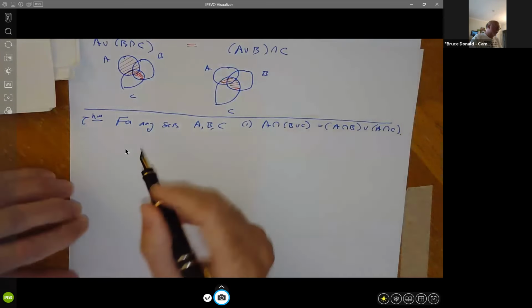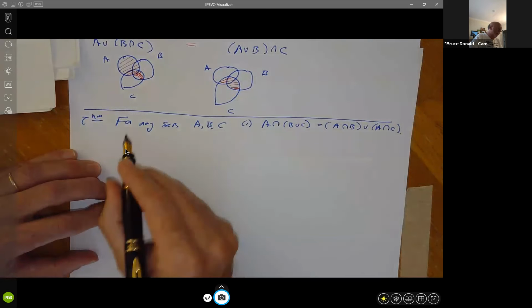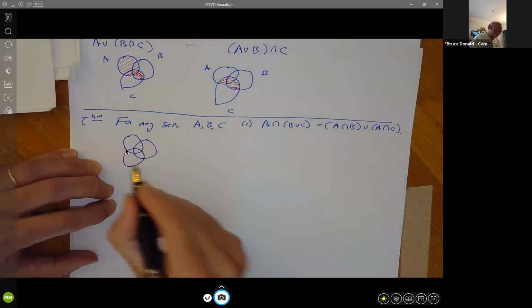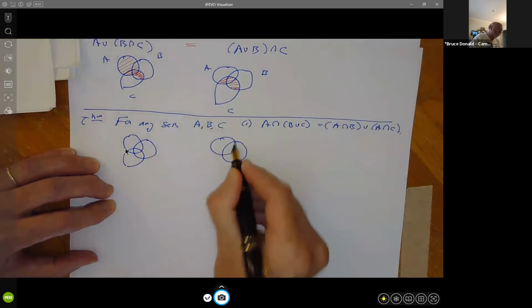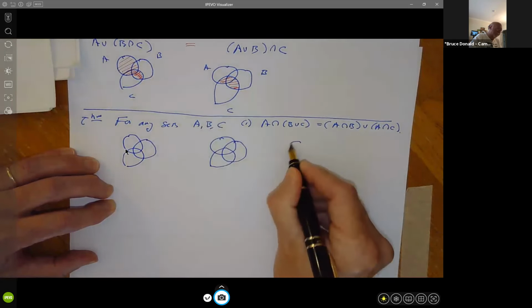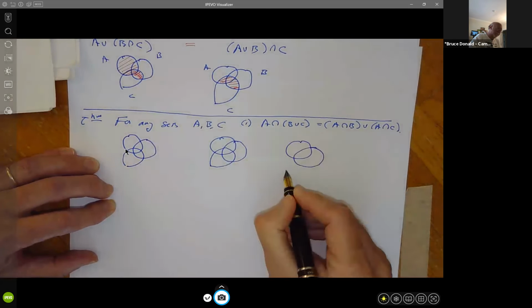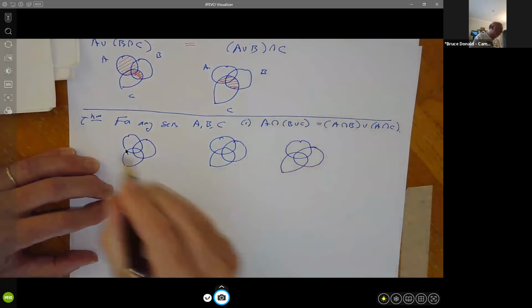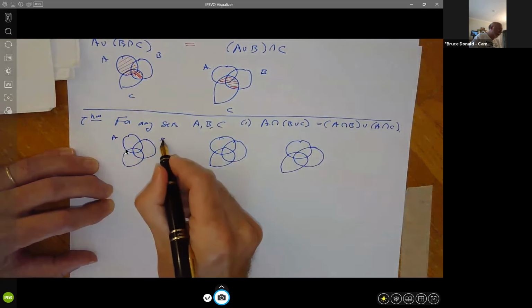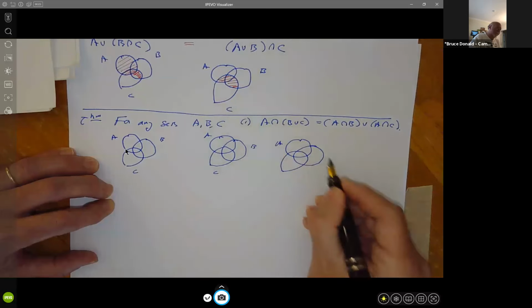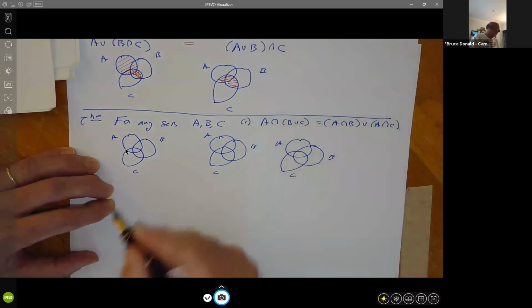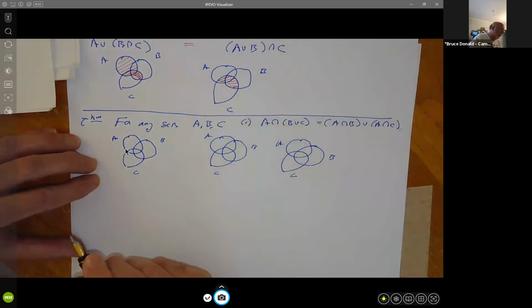So let's try to get some intuition for why this rule should be true by drawing our set intersections. I'm going to do this three different ways here, and come up with a rigorous proof. Okay, we have A, B, C in each case. Let's think about some of the basic things here.